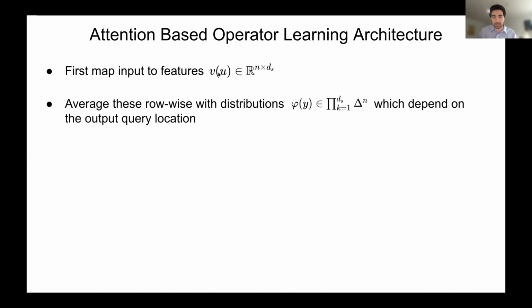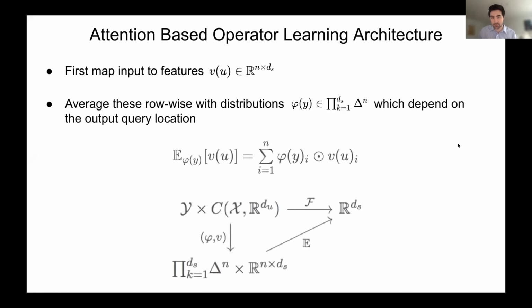Once we have this collection of features, depending on the point of the output distribution that we want to query, we'll form a probability distribution depending on that location. We'll actually form d_s different probability distributions so that we can average over the rows of this big feature matrix. And so this is totally analogous to what we showed before in terms of the creation of the context vector.